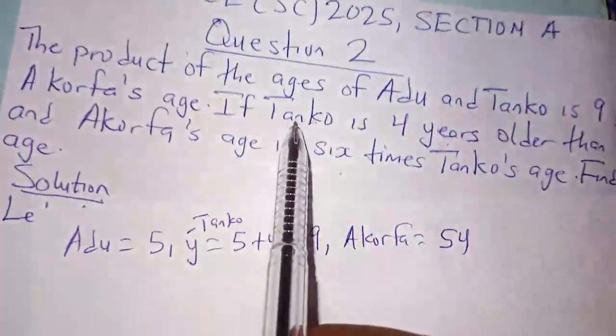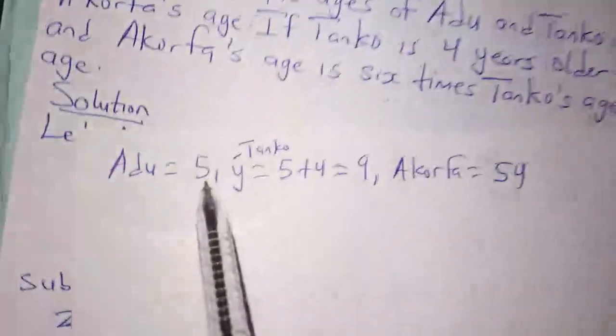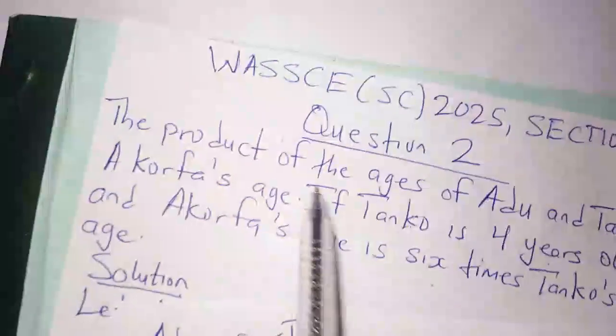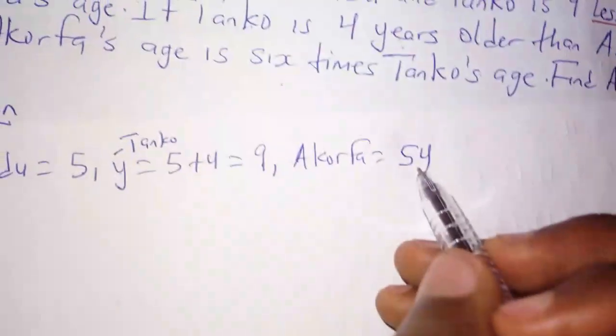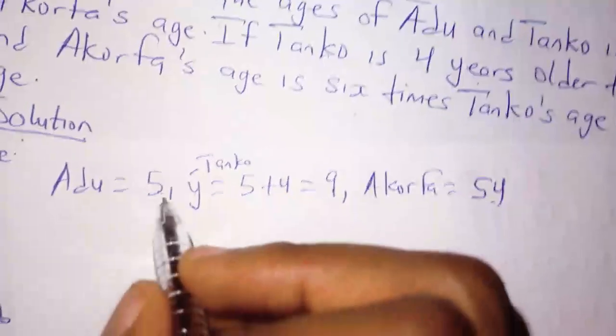Now let's try if the answers I've written here go in line with the word problem here. The product of the ages of Adu and Tanko means 5 times 9, which is going to give us 45. Is that 9 less than Akufa's age? What is Akufa's age? 54. The product of the ages of Adu and Tanko is 45.